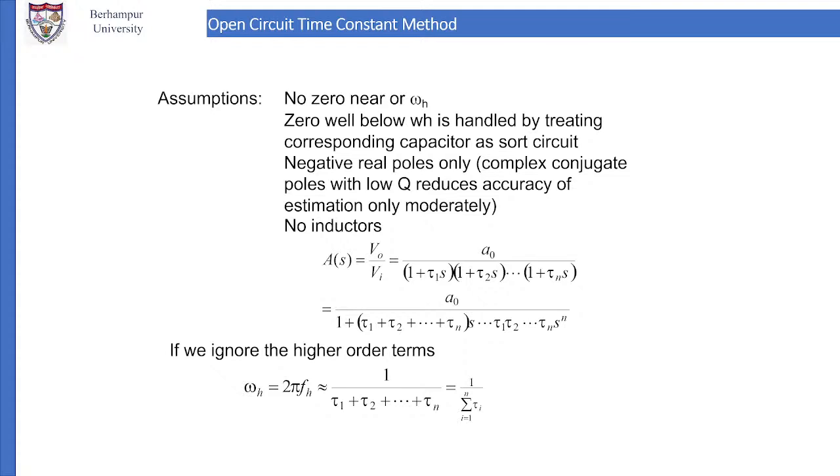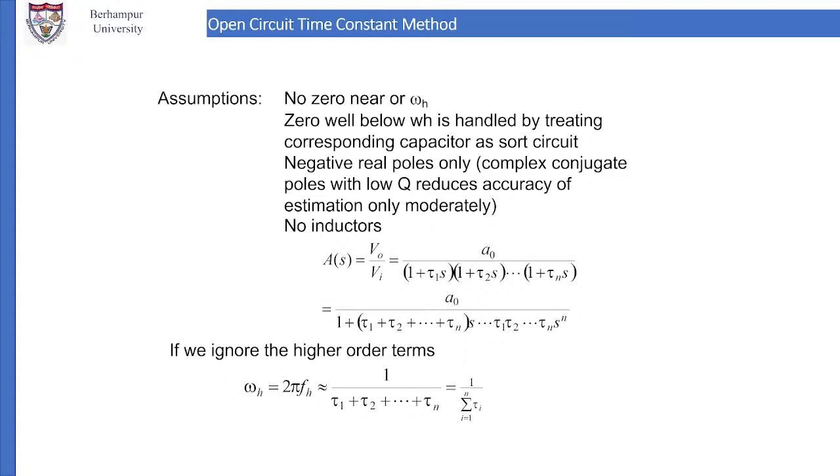Now we know what A is. A(s) is equal to V0 by Vi. A(s) is the gain or amplification, equal to V out by V input. So V0 by Vi is given as A0 divided by (1 plus tau 1 s) into (1 plus tau 2 s) up to (1 plus tau n s).